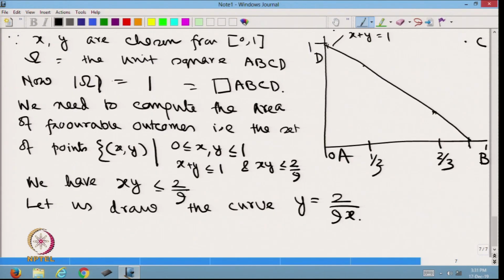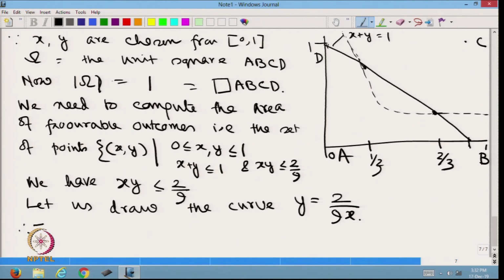We know that as x is close to 0, this is going to be infinity. But when x is equal to 1 by 3, this is going to pass through the point 1 by 3, 2 by 3. Also, it is going to pass through this point 2 by 3, 1 by 3, because the product along each curve is going to be 2 by 9, which is going to be something like a hyperbola.